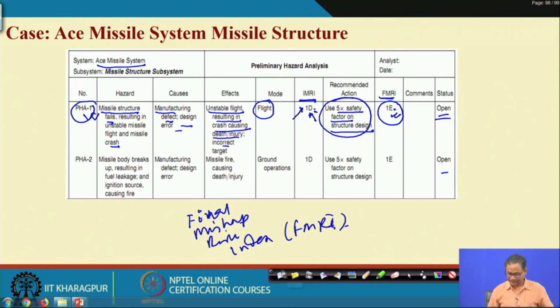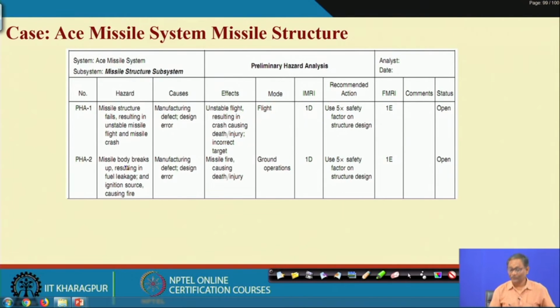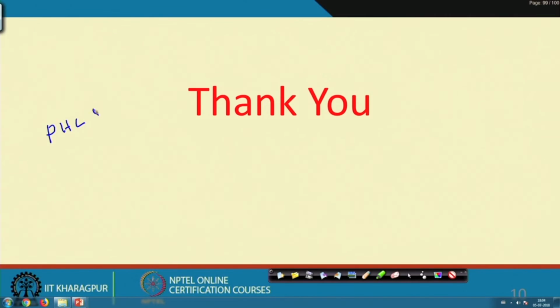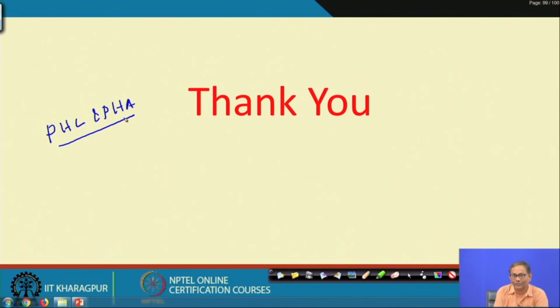Similarly, the other one. Okay. So, what have we learned then? We have learned that PHL and PHA actually overlap. PHL is the input to PHA.